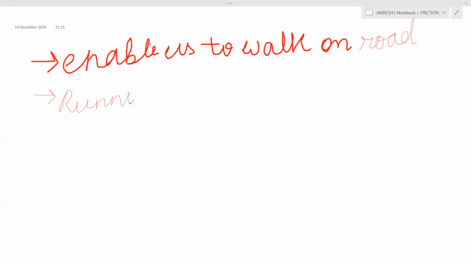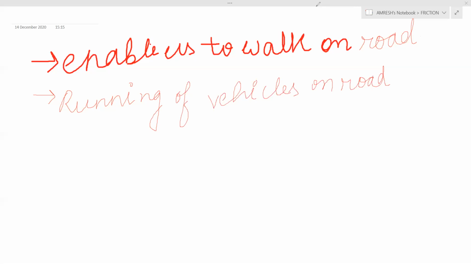The car, or any vehicle, runs on road because of friction between the tire of the vehicle and the road. If there were no friction, it would not be possible for us to run any vehicle on the road. So because of friction only, we are able to run vehicles on road.